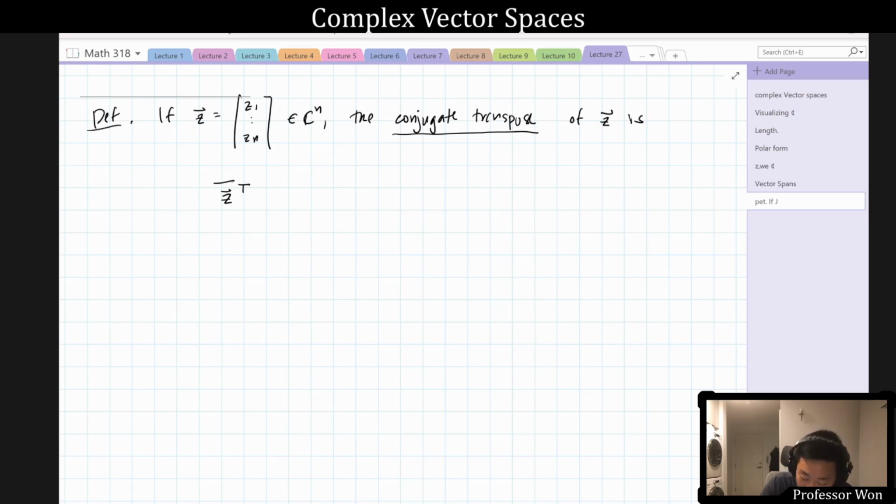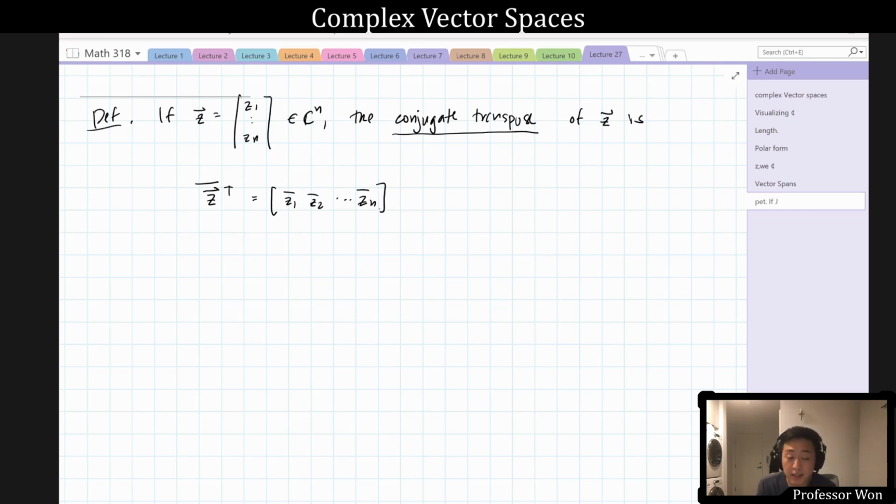This is why I want to be very careful about arrows versus lines. I'm taking the vector z, I'm transposing it, and then I'm taking the conjugate of every entry. So it looks like z1 bar, z2 bar, zn bar.